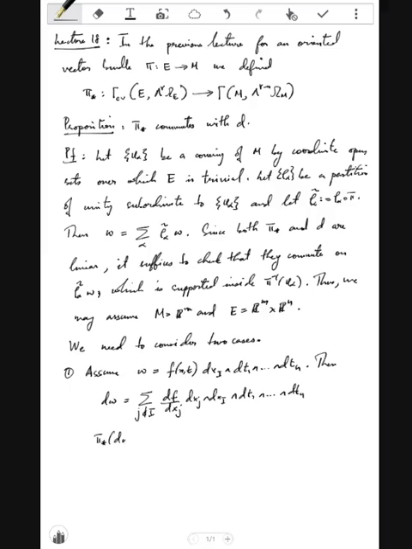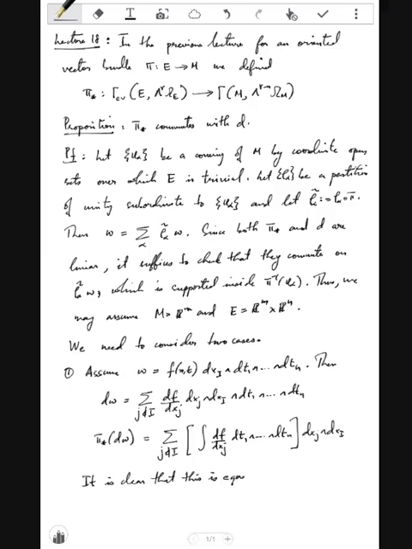Thus pi lower star d omega is equal to the summation over j not in I of the integral over the fibers of partial f by partial x_j dt_1 through dt_n dx_j wedge dx_I, and it is clear that this is equal to d of pi lower star omega.